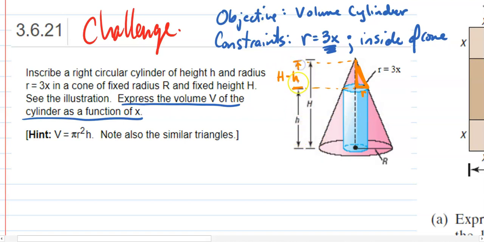So that height is H minus h. So the relationship between r and H minus h is precisely the same as the relationship between capital H, the height of the entire cone, and capital R, the radius of the entire cone.